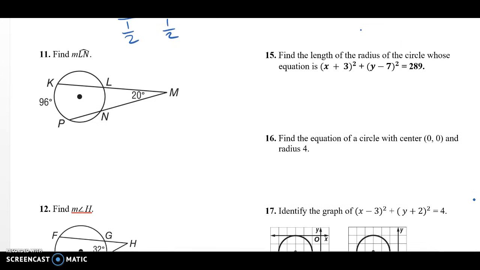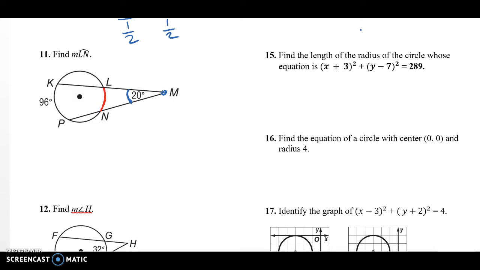Okay, so now number 11, they want us to find arc LN, which is this small intersected arc, with this exterior angle. We found that the formula for angles with the vertex outside of the circle was 1/2 of the difference.